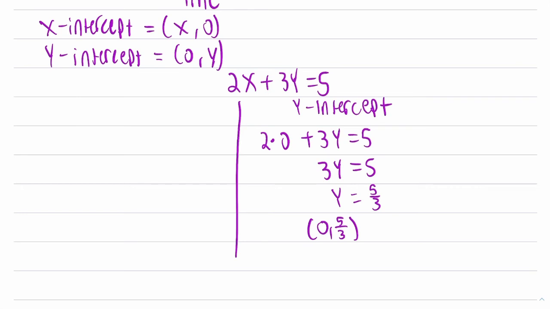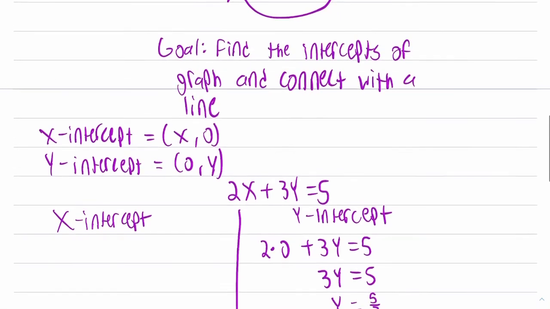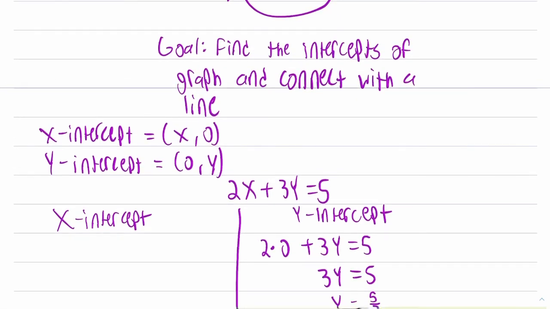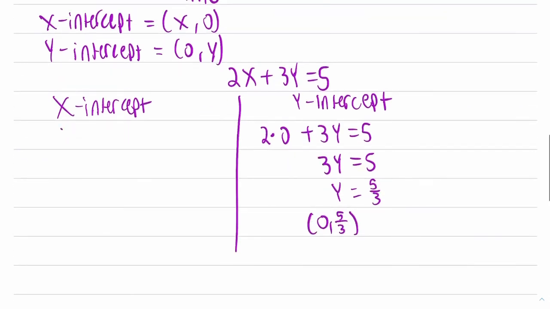Now let's find the x-intercept. The x-intercept happens when you put 0 for y. So we'll do 2 times x plus 3 times 0 equals 5. Alright, so 3 times 0 goes away.